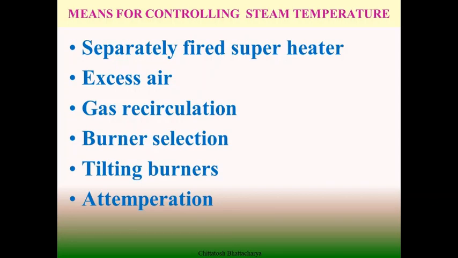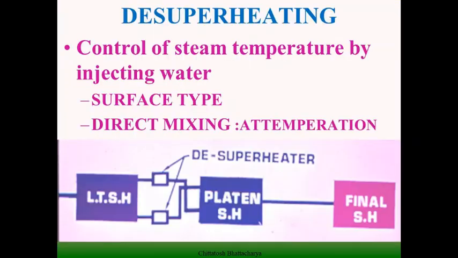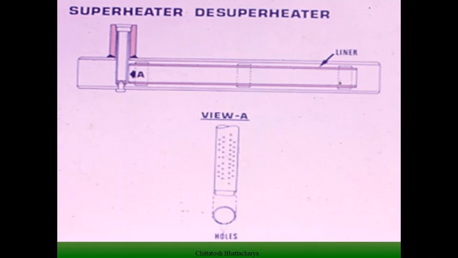In case of mixing type arrangement of attemperation, we have to regulate the purity or quality of water we are using for spraying. It must have higher pressure, higher than the steam pressure where it is getting mixed, and temperature should be at the saturation level, so that we should not get steam within the steam.